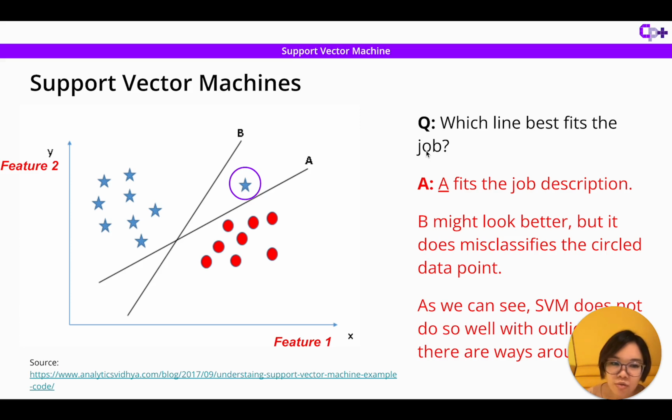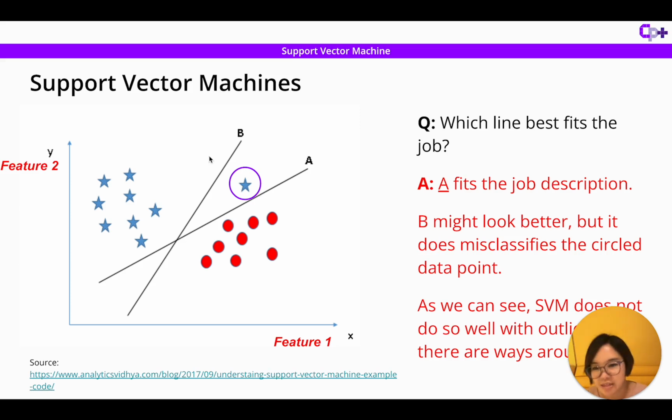So SVM, support vector machines, doesn't really do well with outliers. I do agree with some of you who said B. Your B classifier looks better because it has that nice white margin from all the stars and all the dots, as opposed to A, which is kind of slanted.